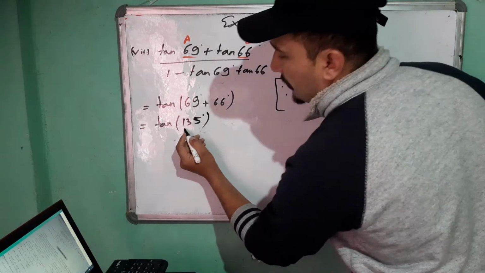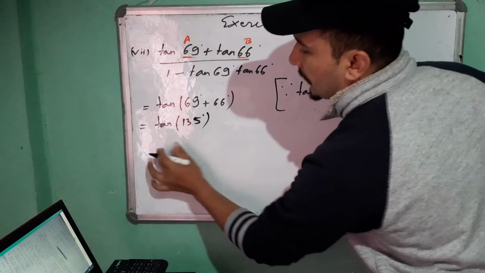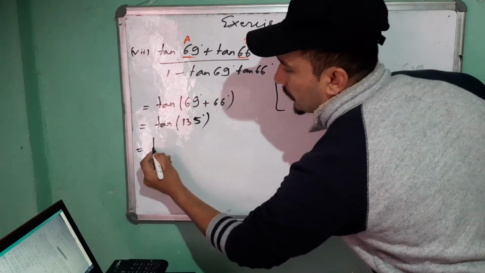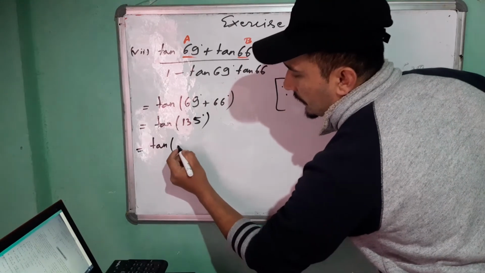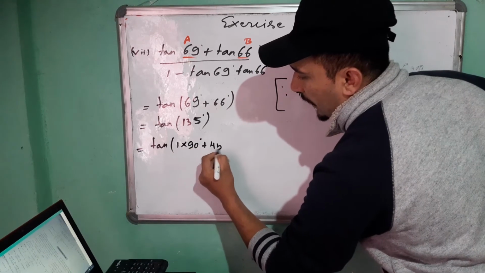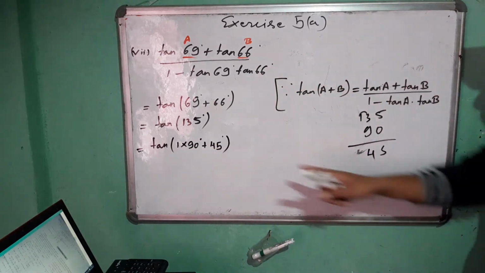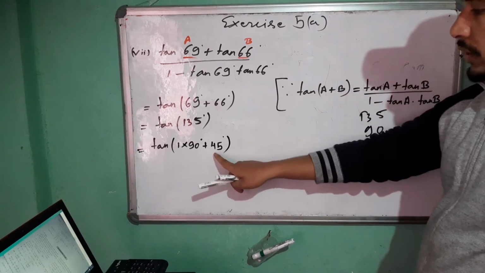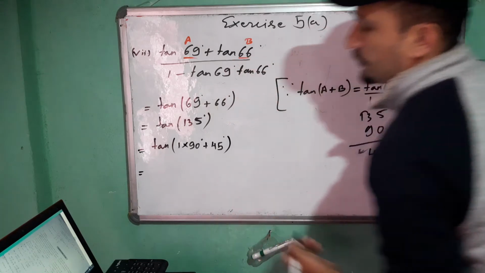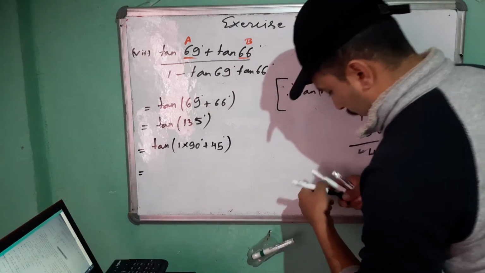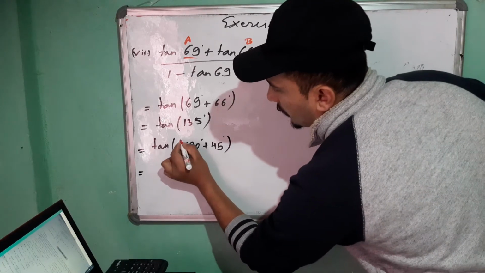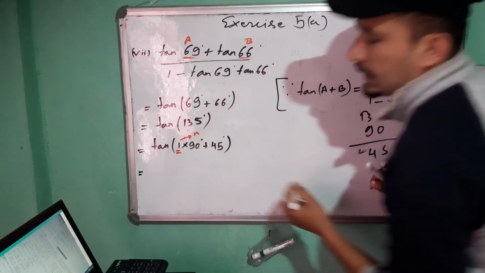Okay, so this can be reduced to a standard angle, an angle less than 90 degree. So let's do that. This can be written as 1 into 90 degree plus 45 degree: 1 into 90 is 90, plus 45 is 135. Now here 1 means odd; this is the value of n and it is odd.